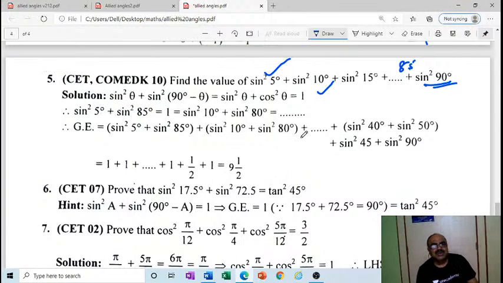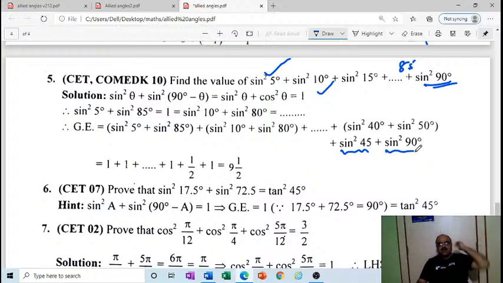When you add it, you should get 90. 5 plus 85 is 90, 10 plus 80 is 90, 40 plus 50 is 90, like this. Now when you are doing those combinations, these two are left in between. Sin 45 and sin 90, they don't get combined.